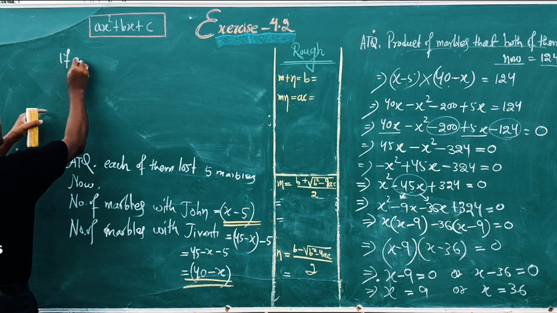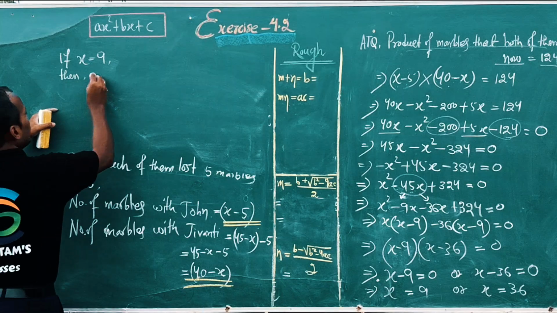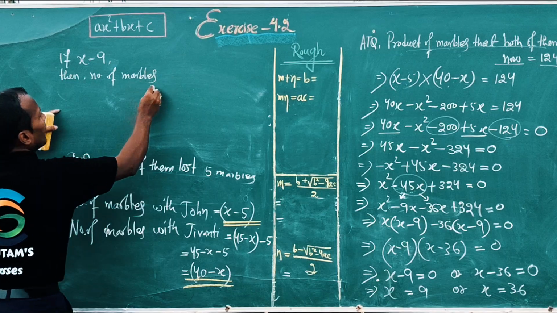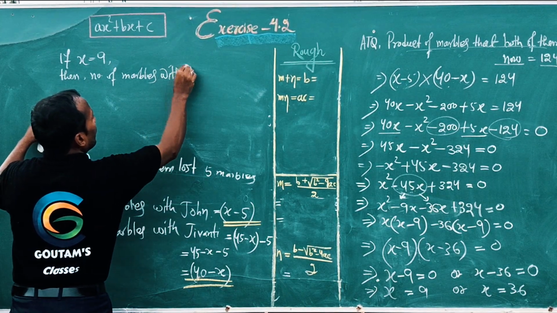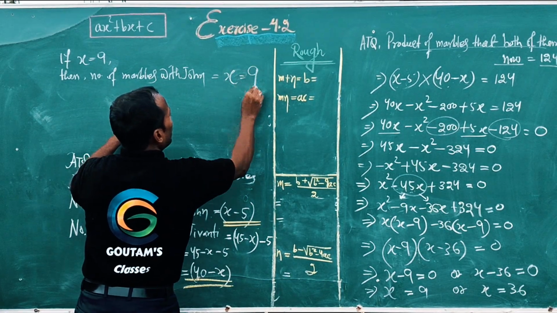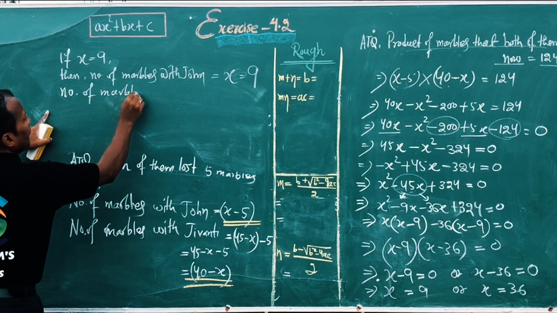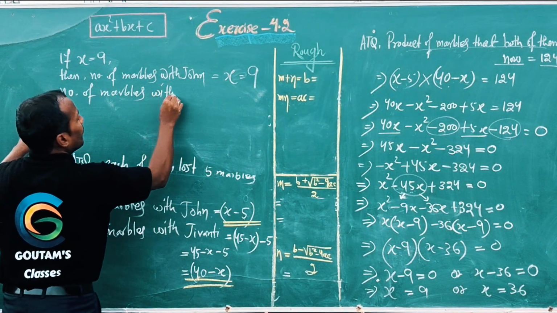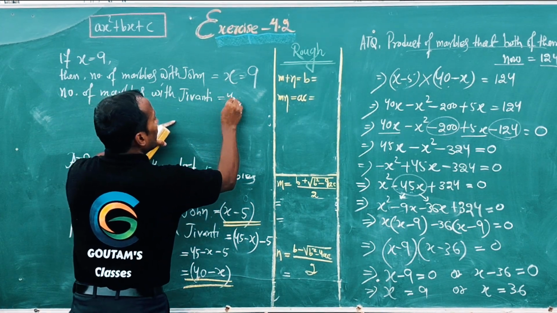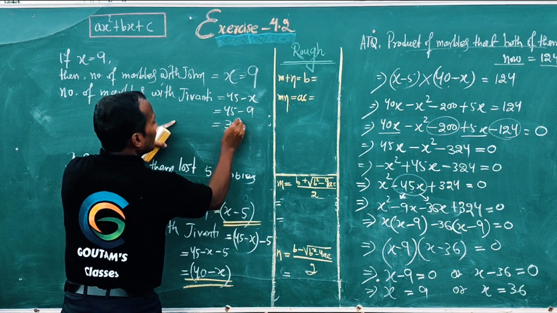So if I take x is equal to 9, then the number of marbles with John is 9, is x, which is 9, and the number of marbles with Jivanti is 45 minus x, means 45 minus 9 means 36.